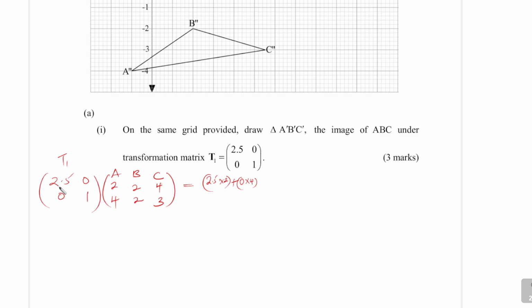Then we go to row 1, column 2: 2.5 times 2, plus 0 times 2. That is the second column. Then row 1, column 3: 2.5 times 4, plus 0 times 3.